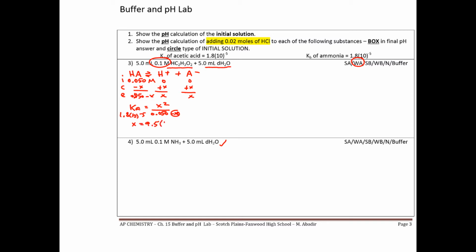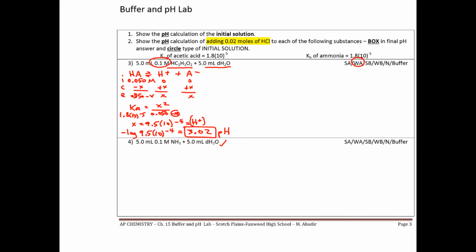That's going to be the H plus concentration. So then you're going to take negative log of 9.5 times 10 to the minus 4th, and you're going to find that to be 3.02 as your first pH in this solution.